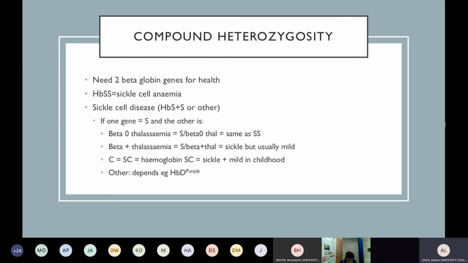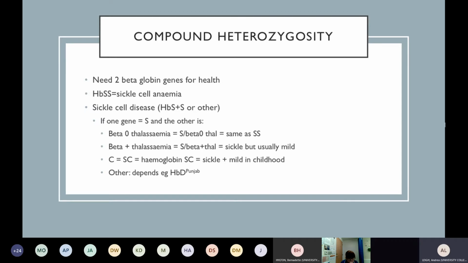I think that we're getting better at being proactive in terms of management, and there are certain mutations that go together to give sickle cell disease. So sickle cell anaemia, as Bernard was saying, is if you've got SS, but you can inherit one sickle gene with a variety of other genes to give sickle cell disease.